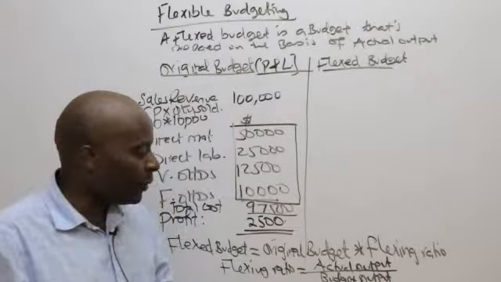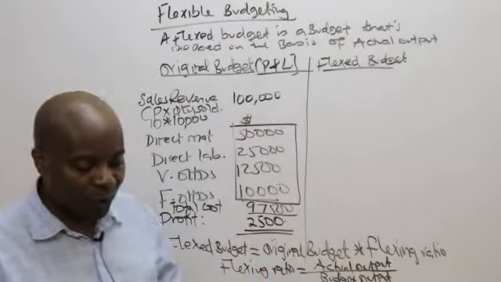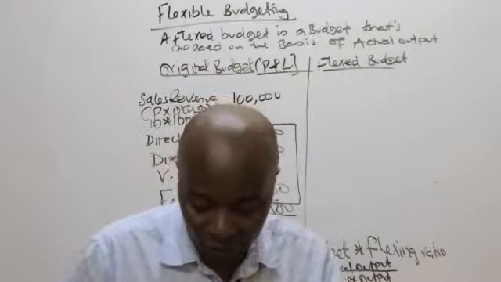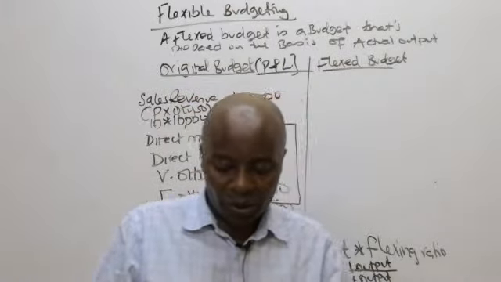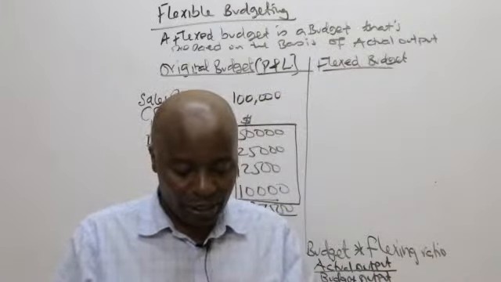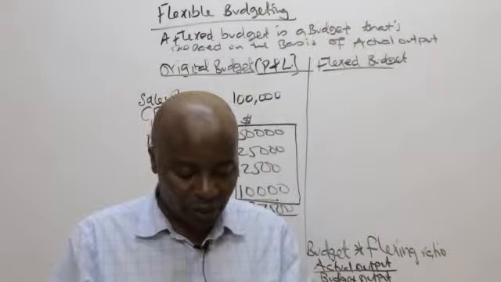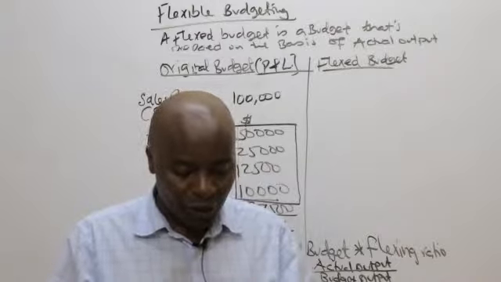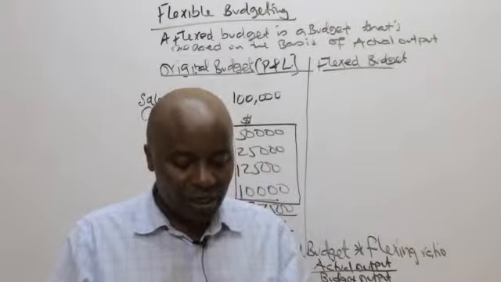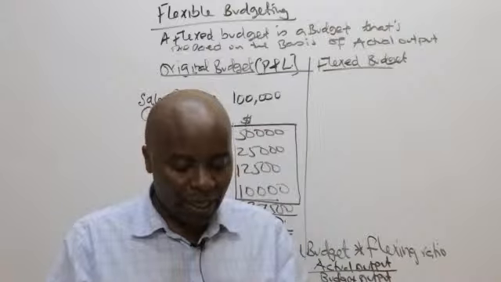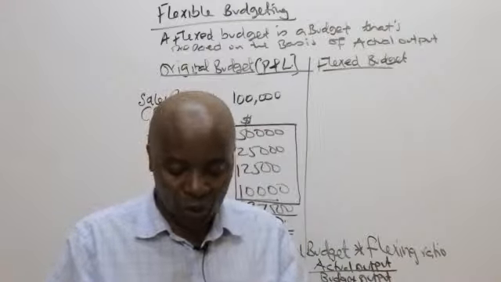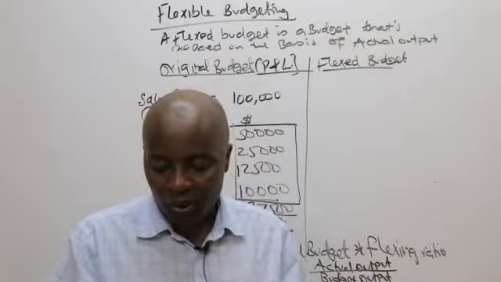Now, ladies and gentlemen, the actual output, if you read this particular question that we have on our WhatsApp, I want to believe you guys got it there. They told us at the end of the year, the following costs had been incurred for the actual production of 12,000 units.